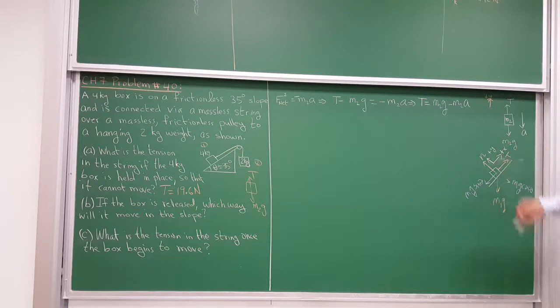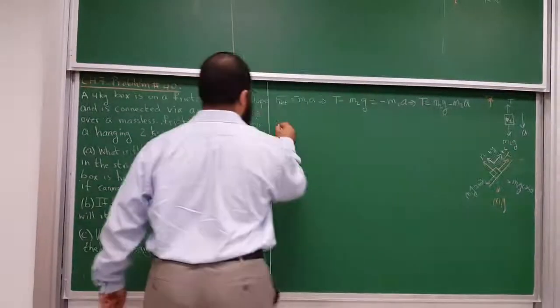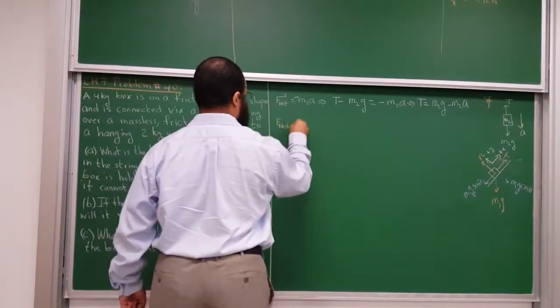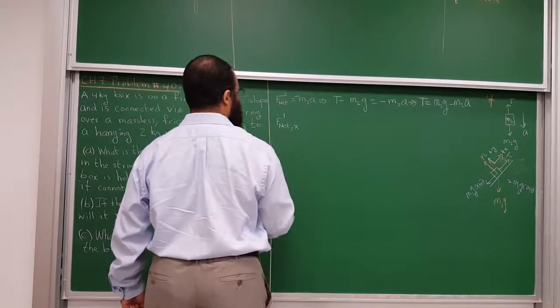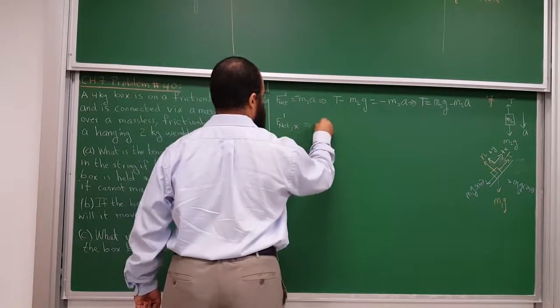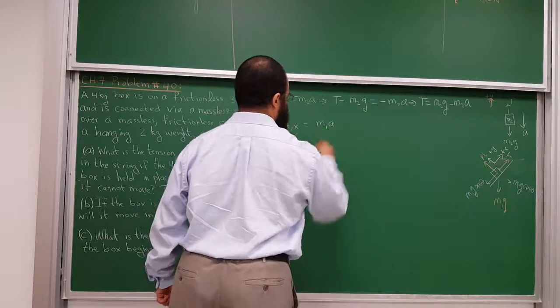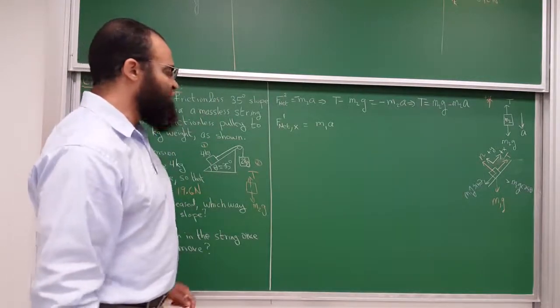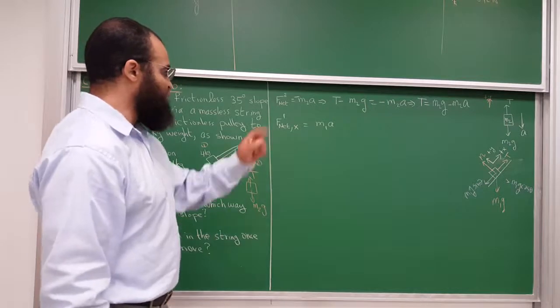So here's the x direction. We're assuming this mass falls, so this mass rises. So the acceleration is positive for this one because it's up the incline by assumption. So the net force in the x direction for M1 will equal M1 times the acceleration, and the acceleration in the x direction for M1 is positive. That's fine, because it's up the incline.